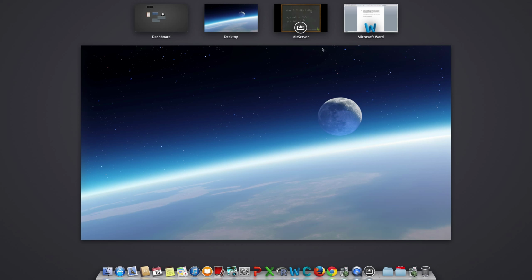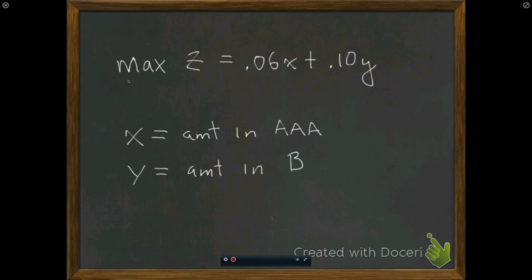Okay? So just let me show you what I've written down. This is the max function, and I've got to, first of all, identify what variables stand for what amount of bonds. All right, so that's part of it.